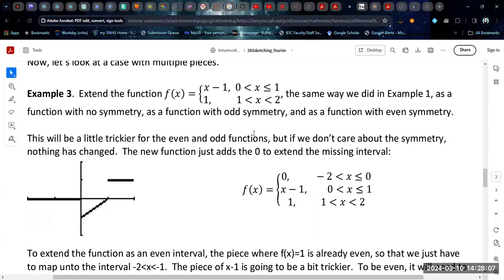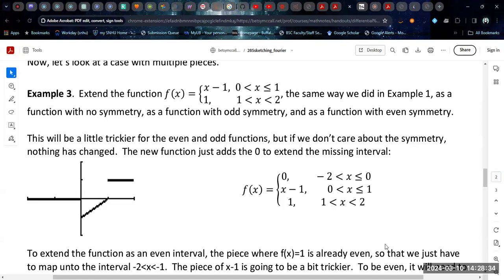Now, this doesn't have any apparent inherent symmetry, but ideally we want to impose a symmetry on it if we're going to extend it. Again, extending this with 0 is a valid option. You can extend 0 from -2 to 0, and then you would get a graph that looks like this.